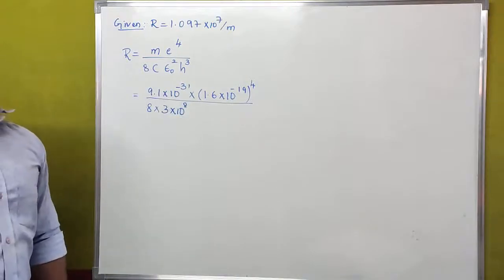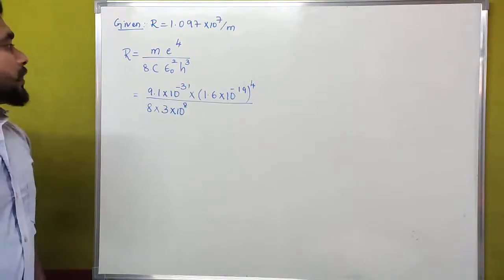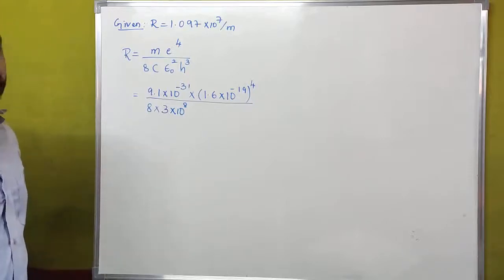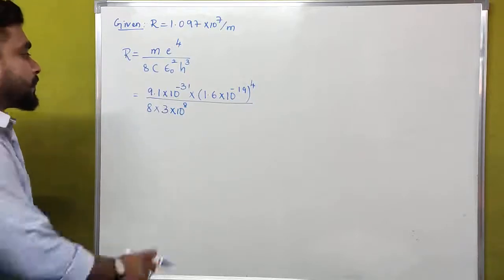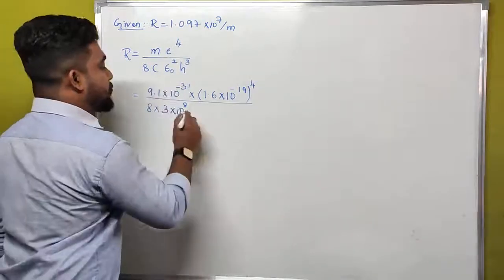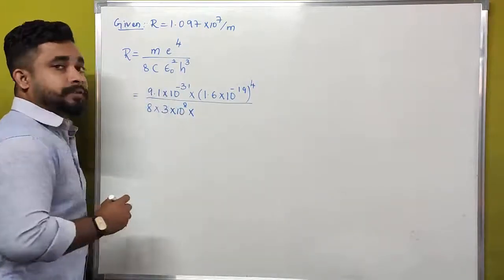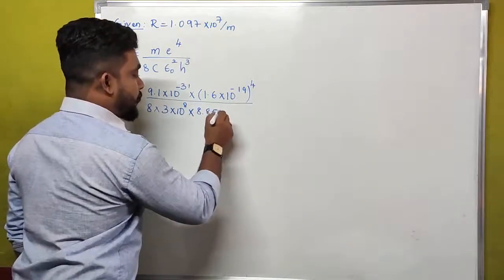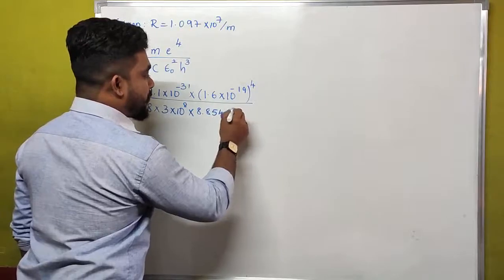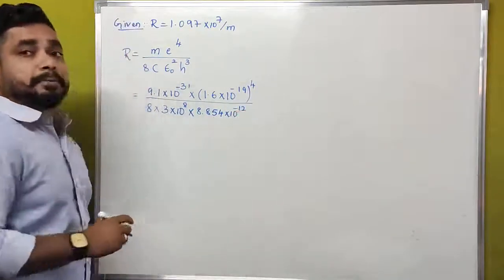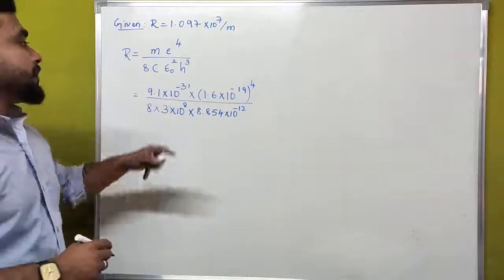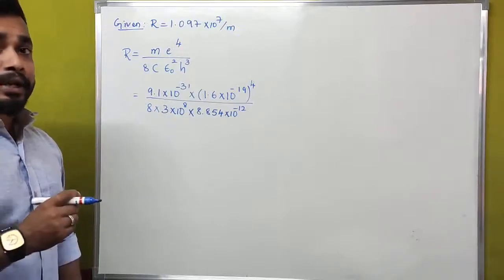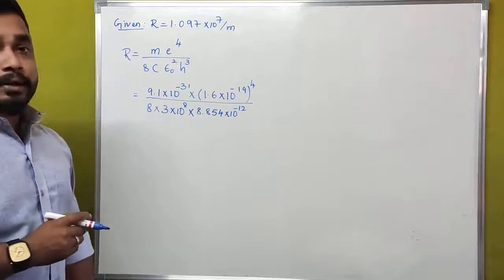Velocity of light, or velocity of the incident wave, is equal to 3 into 10 to the power of 8 meter per second. Absolute permittivity, or permittivity of free space, is 8.854 into 10 to the power of minus 12 farad per meter.